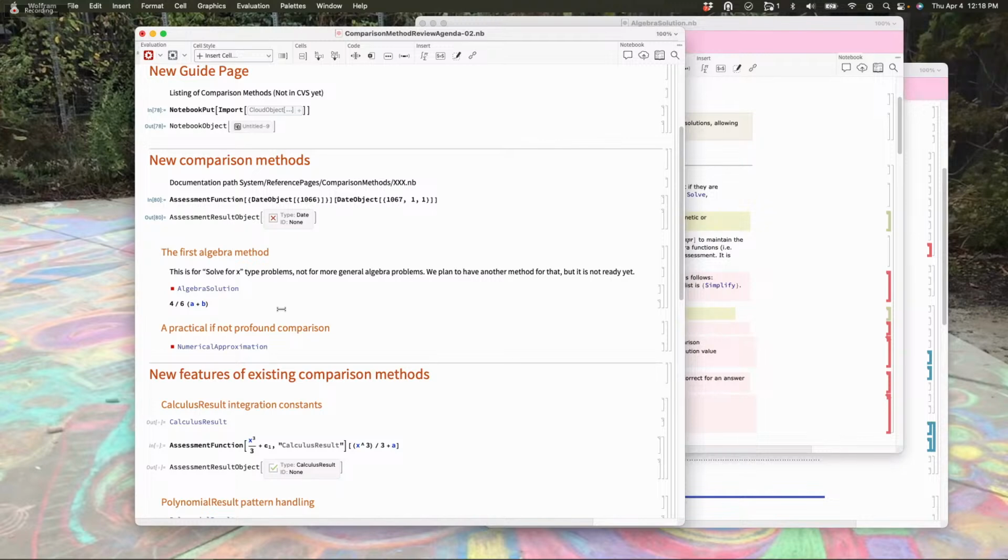I mean, so let me just explain what came out of our consultations with Bradley Janes and Alec and people with education backgrounds. Yep. So we thought we could have one algebra comparison method, and we decided that was hopeless and that we really need two, and one of them is tentatively going to be named algebra result.